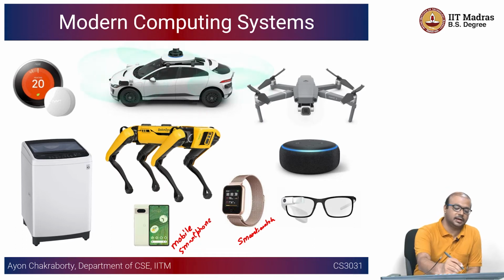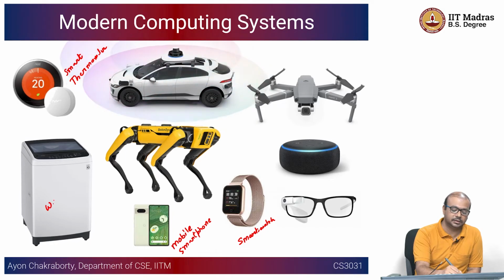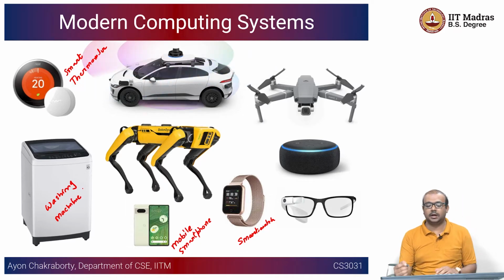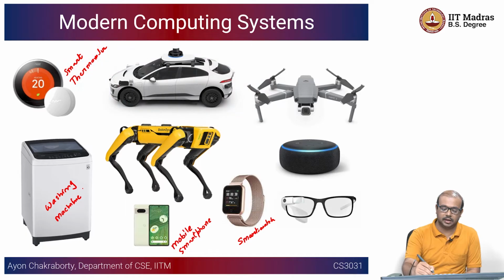to something like a smart thermometer, to even a more rudimentary example like a washing machine. And then you have all these modern gadgets like robots.